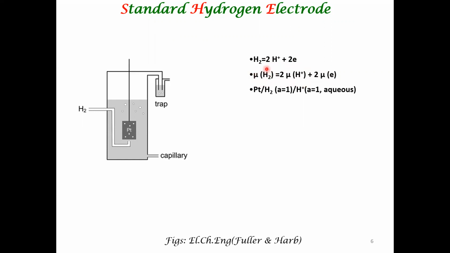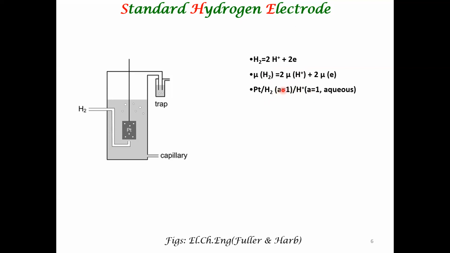The chemical potential of H2 is well defined if you can maintain the activity of hydrogen. This is from your chemical thermodynamics classes. You must have known that. Again, the chemical potential of proton is well defined if the activity of proton is well defined.